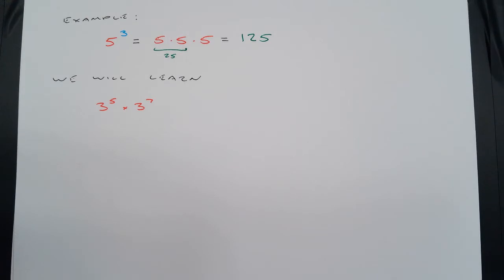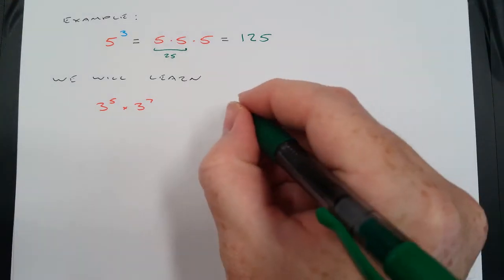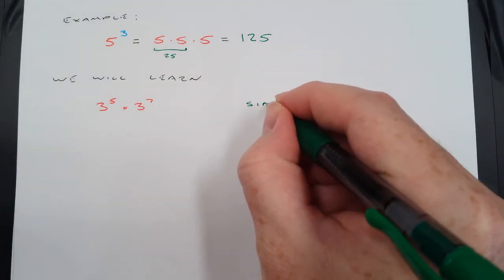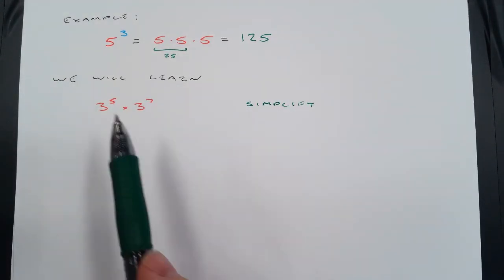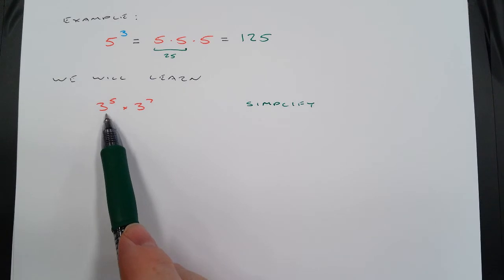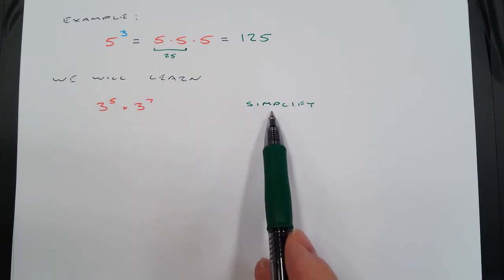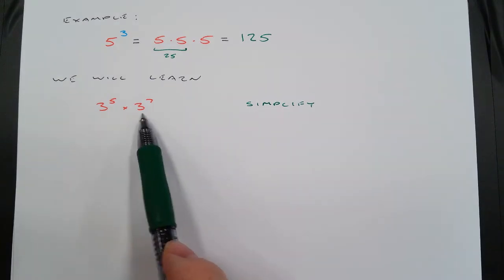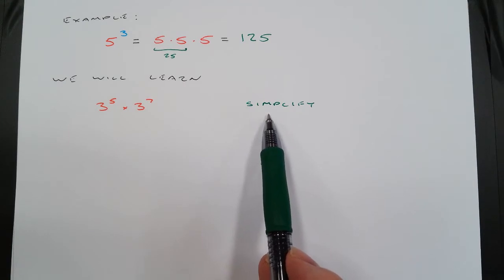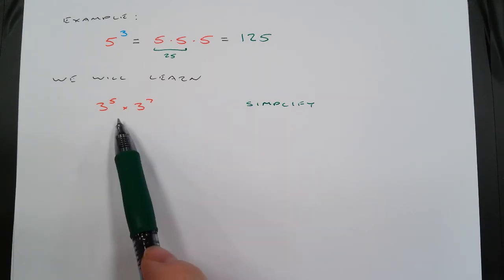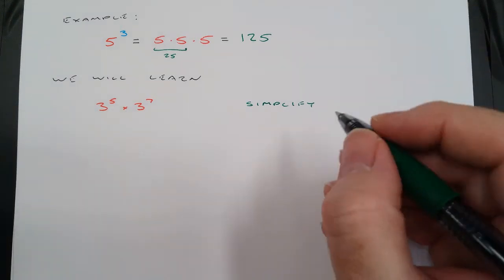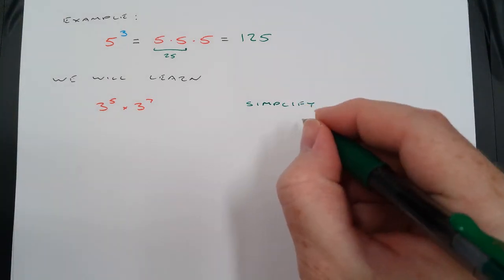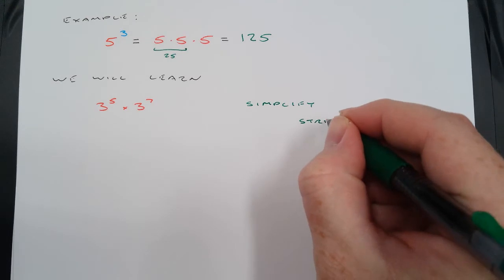We want to simplify this. I'm going to put the problem over here. We want to simplify this to make it more understood, to use less ink, whatever you want to do. We want to simplify. The best way to do this is to stretch it out.